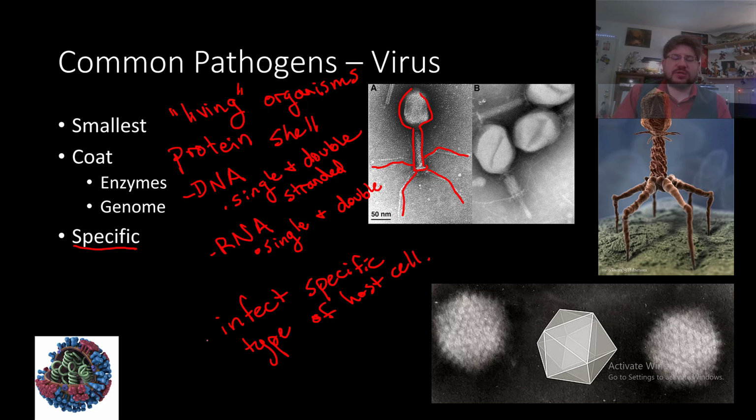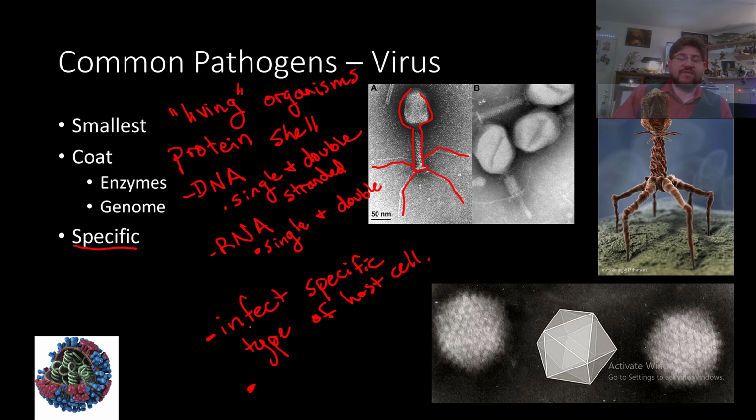A virus associated with respiratory infections attacks cells of the respiratory system. It does not attack your stomach cells or your esophagus or anything else. If it's specific to the respiratory system, it can only attack those respiratory cells.